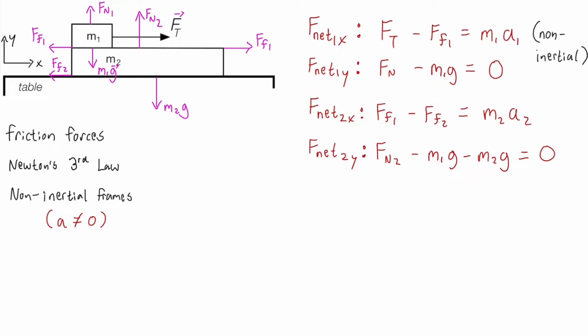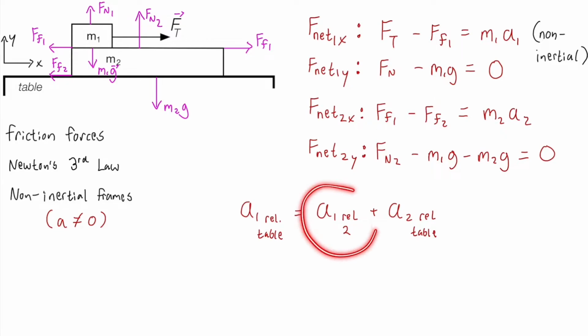So we could say that the acceleration of one relative to the table is going to equal the acceleration of one relative to two plus the acceleration of two relative to the table. Okay? So, that's the thing.